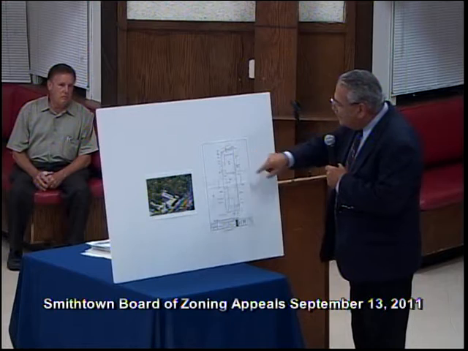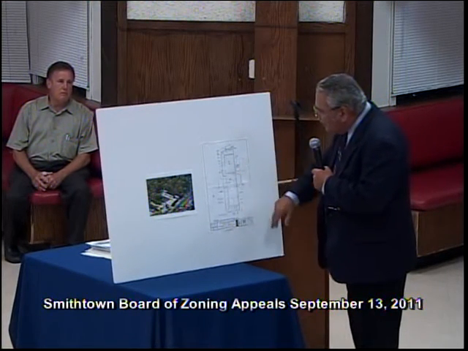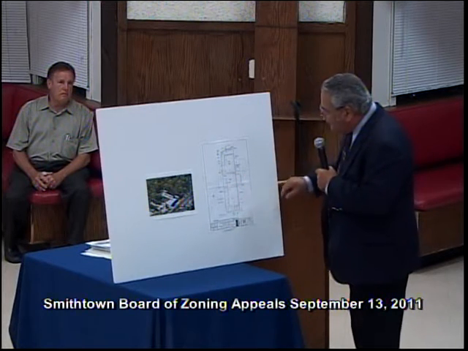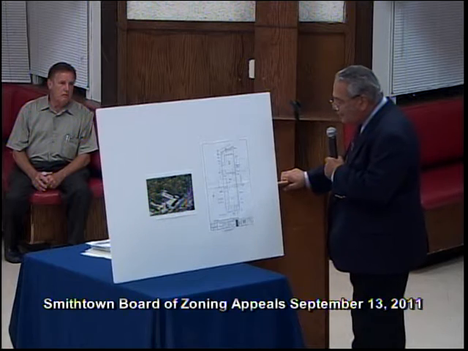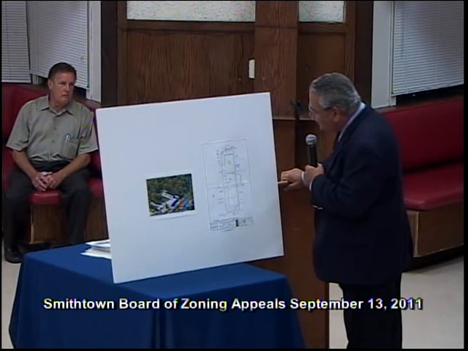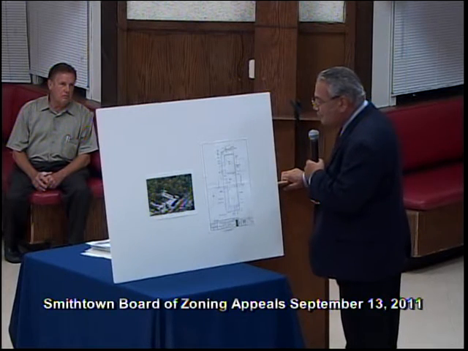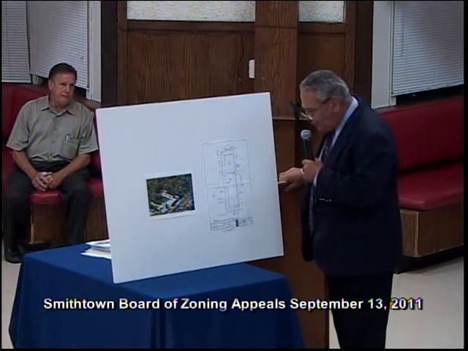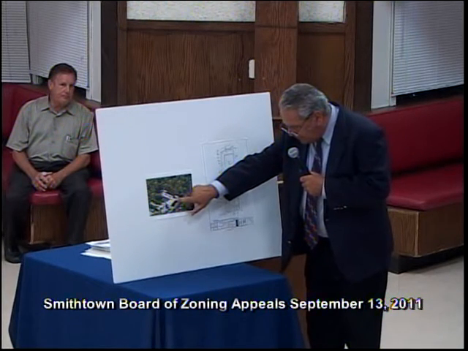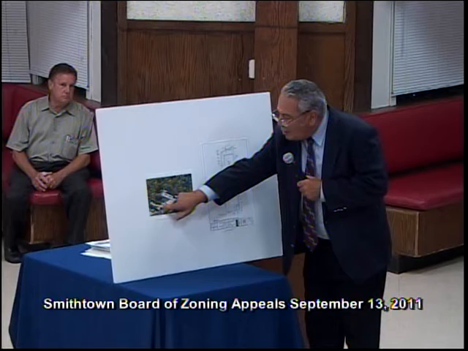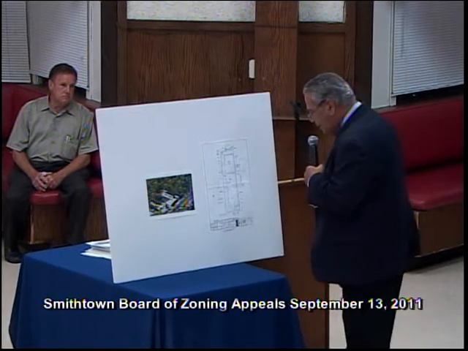And you can see the landscaping proposed, the parking areas, heavily buffered with landscaping on the southerly and westerly sides, and also on Middle Country Road. So if you look at the picture submitted, this is the facility, and this is the parking area, which we're asking the board for its favorable consideration.